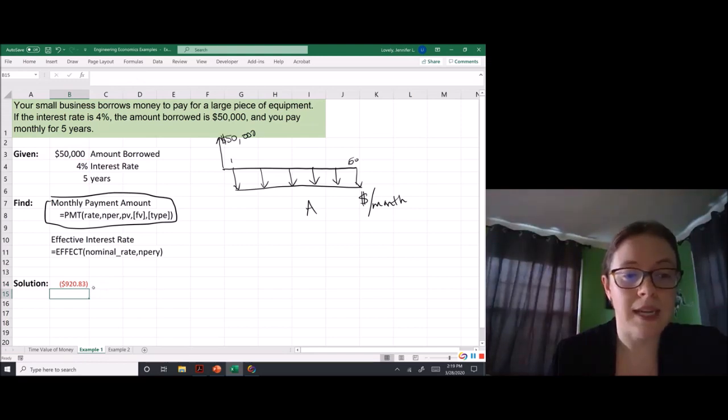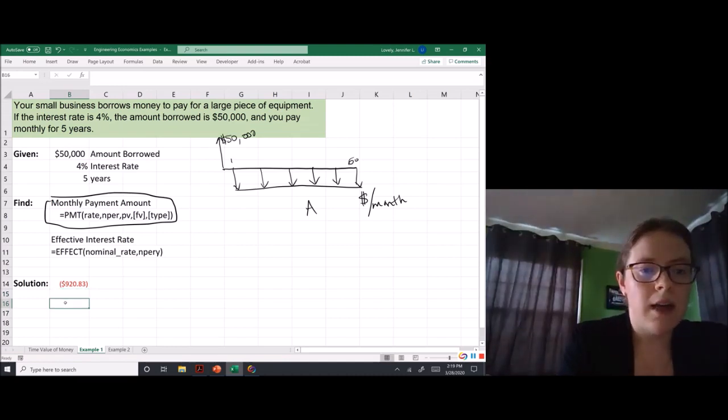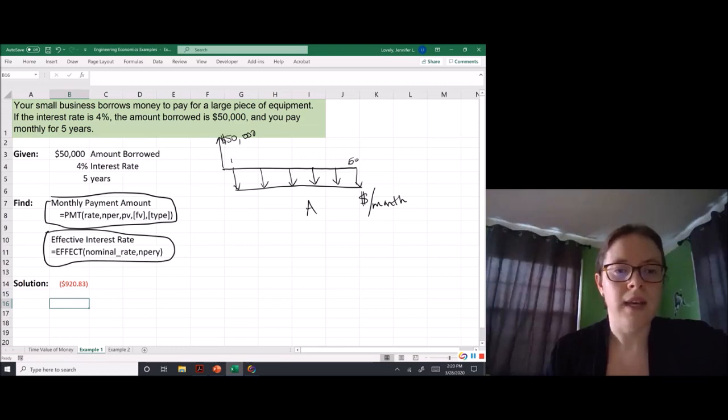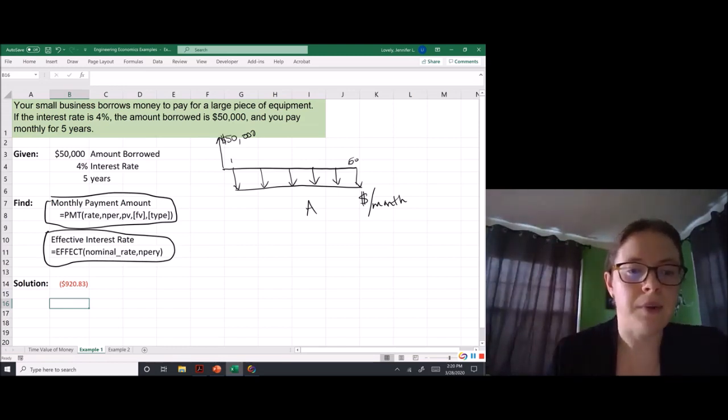Notice that it is in parentheses and it is in red, which means this is money coming out of my pocket. Okay, the second one that we're asked to find is the effective interest rate, and that function is given by equals EFFECT, and then we have to put in the nominal rate and then the N periods per year. Okay, so I'm going to type in EFFECT.